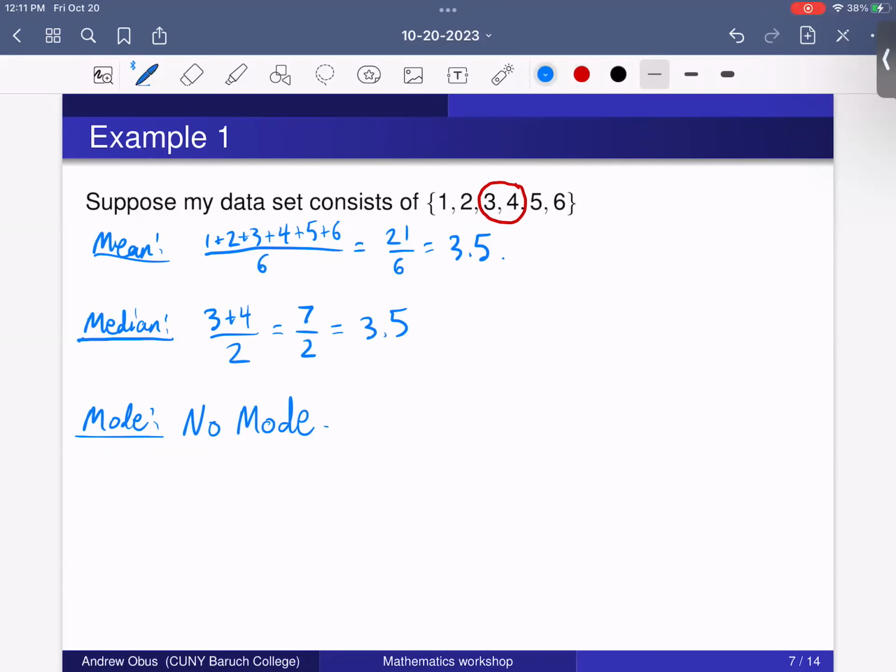The only other thing you could say, if you really wanted to, is that the mode is 1, 2, 3, 4, 5, and 6. No mode is not the same thing as mode equals 0. In this case, you really have to say no mode, because 0 isn't even a data entry here. So it would be misleading to say that the mode is 0. Okay, thank you, sir. You're welcome. Other questions?